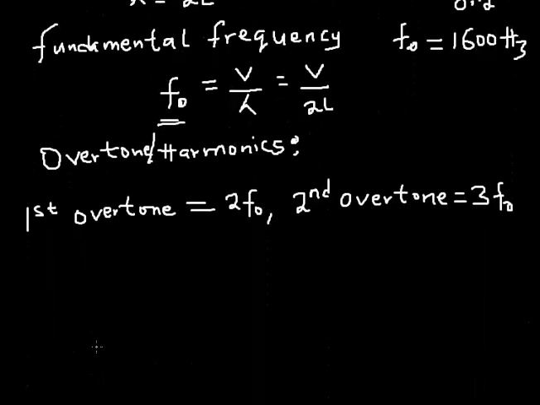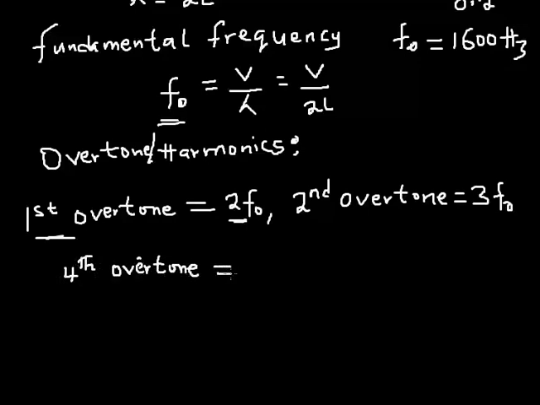So what am I even looking for? Let's say the fourth overtone. Remember, the first overtone is 2 F0, the second is 3 F0, the third is 4 F0, then the fourth is 5 F0. So it's 5 times whatever I had, 1600.